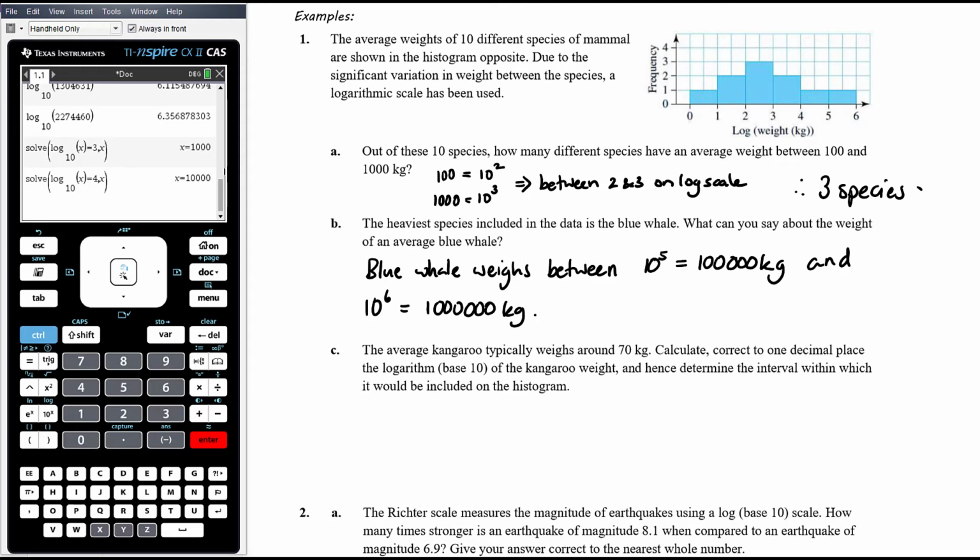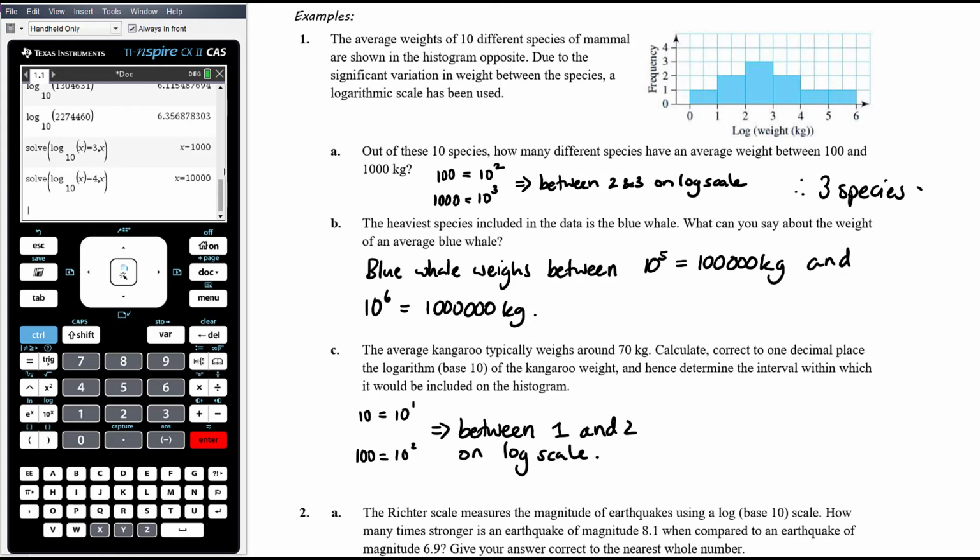Because I know that 70 lies between 10 and 100, okay? And 10 is 10 to the power of 1, and 100 is 10 to the power of 2. So that would mean it would be between 1 and 2 on the log scale.